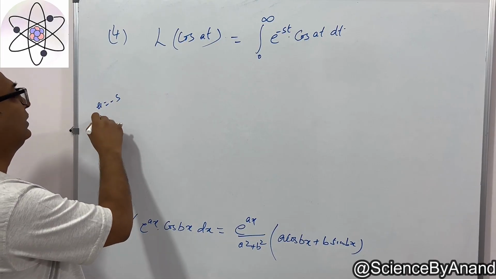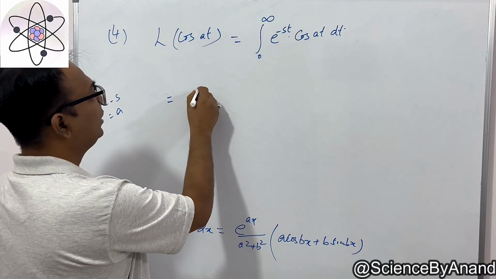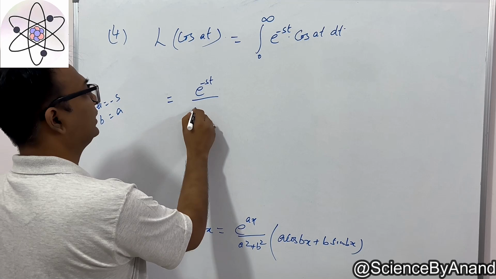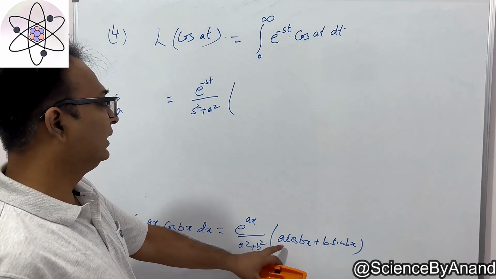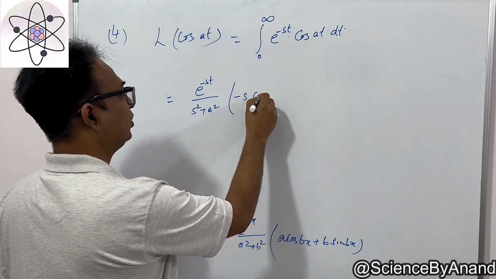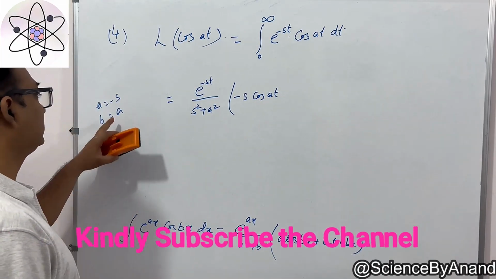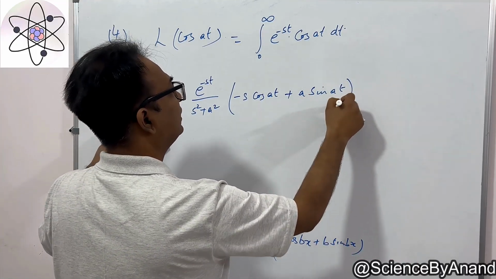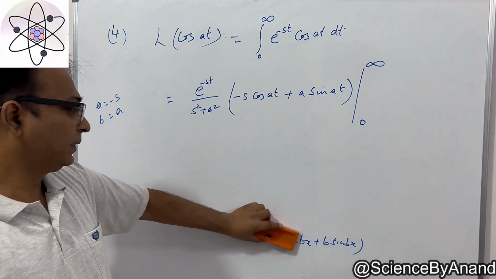A is minus s here and b is a. So this will be equal to e to the power minus st, a square plus b square, that is s square plus a square. In the bracket we'll have a cos bx, that is minus s cos at, then plus b sin bx, plus a sin at. The limit is 0 to infinity, as it was in the earlier case.